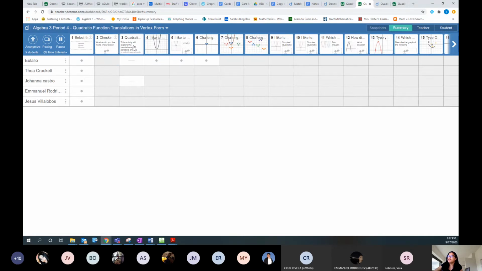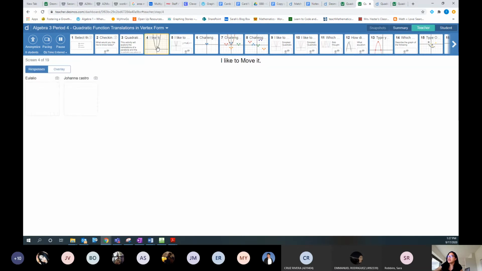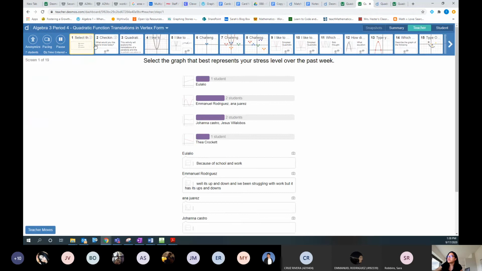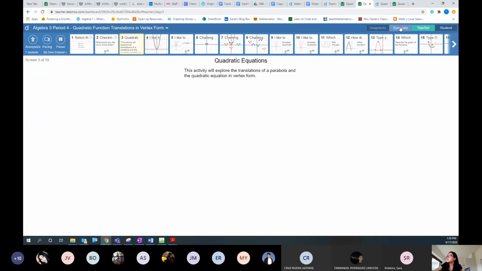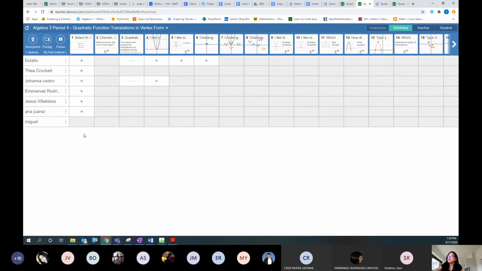And then the third page doesn't have anything. Okay, the question starts on the 4th page. Okay, so we got 6 kids. The rest of you, how many are you here?